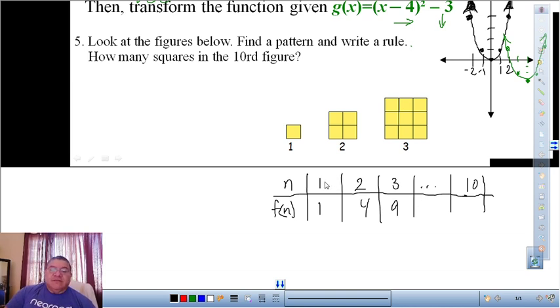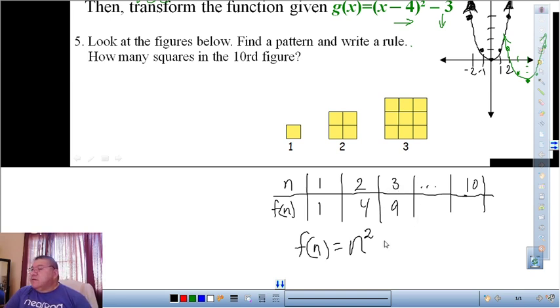Yeah. Do you notice that 2 times 2 is 4, 3 times 3 is 9, therefore 1 times 1 is 1. So if we're multiplying it times itself, how can we rewrite it? Our rule would be f of n equals what? n to the second power, because we multiply times itself.